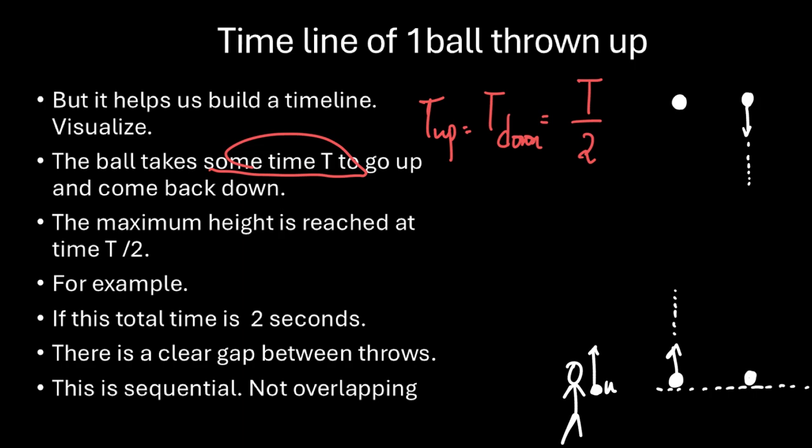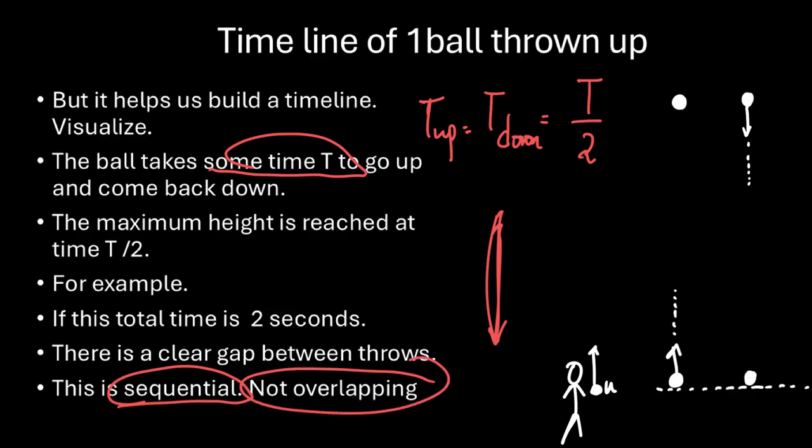And this is a sequential process. So one goes up, it comes down. It goes up, it comes down. There is no overlapping here. If it is sequential and not overlapping, what does it imply? It implies that there is no juggling.